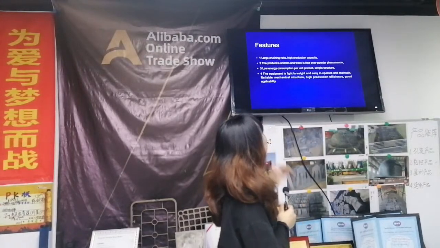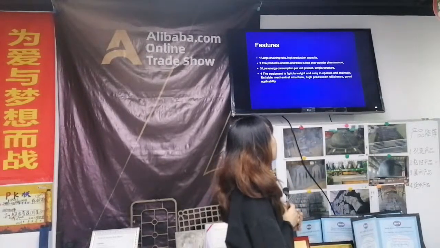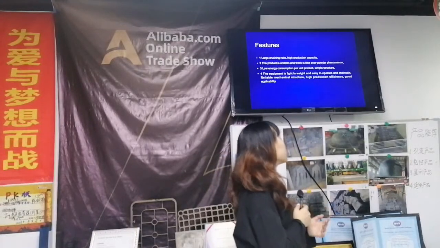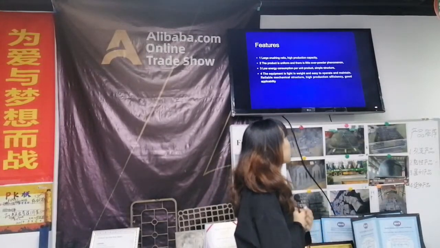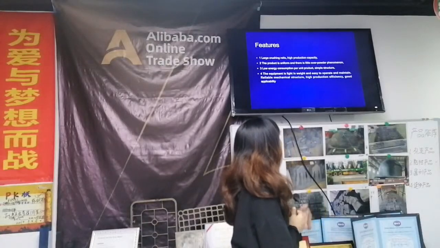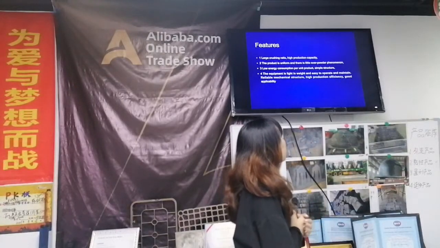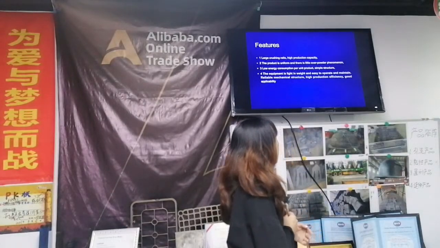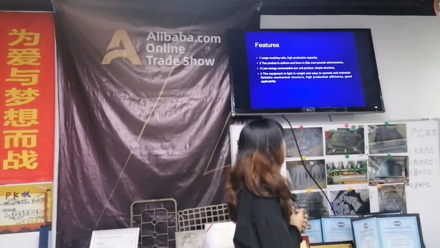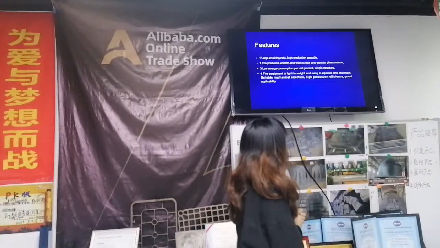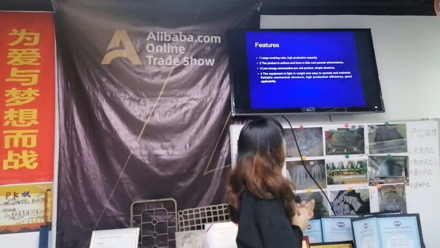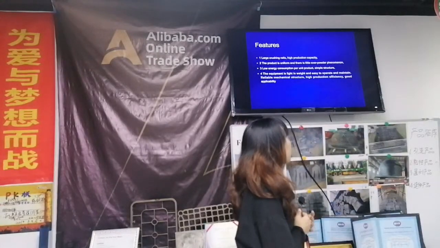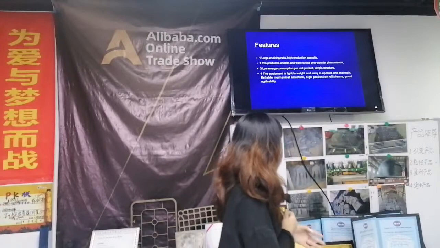The third one, low energy consumption per unit product and simple structure. The last one, the equipment is light in weight and easy to operate and maintain. Reliable mechanical structure and high production efficiency, good applicability.